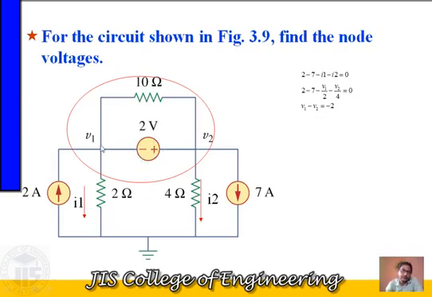If we go from V1 to V2, V1 minus V2 equals the voltage source connected, that is minus 2, because the minus side of the 2 volt source is on that side as we go from V1 to V2. So the equation is V1 minus V2 equals minus 2.